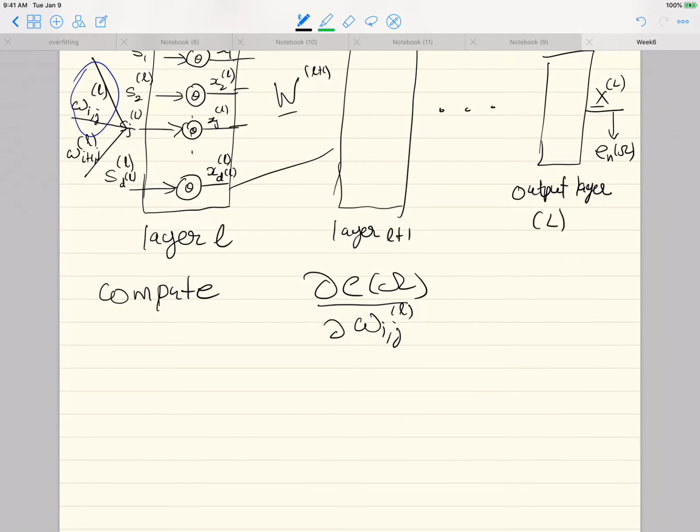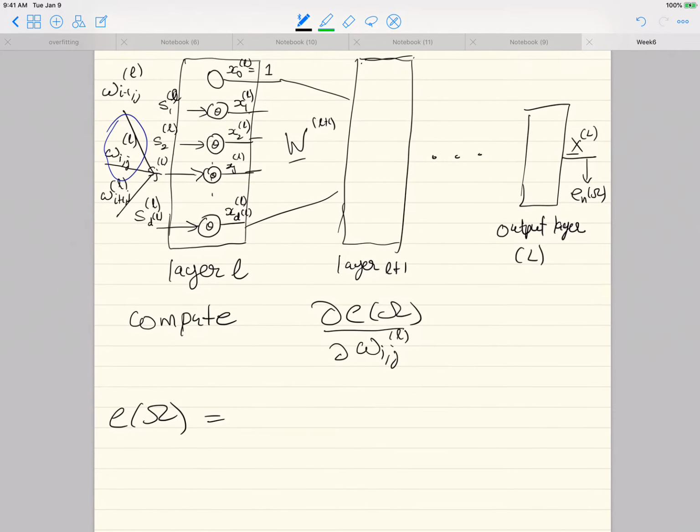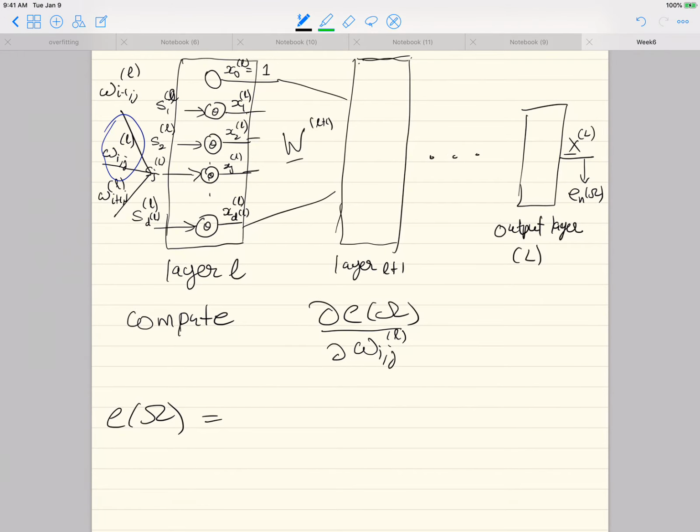So if you look at the loss function, let's try to see how it is computed. The loss function can be computed once we have the output value X of L and the label Y. That's how the loss is computed. When we compute the loss, we do not look at any intermediate values.